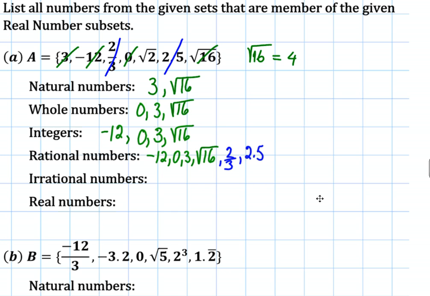So the only thing we have left now would be square root of 2. And if you put that in your calculator, you'll see that it does not repeat or terminate. So we'll have that. And if we combine the rationals and the irrationals, remember we get the real numbers. So that would be our entire set.